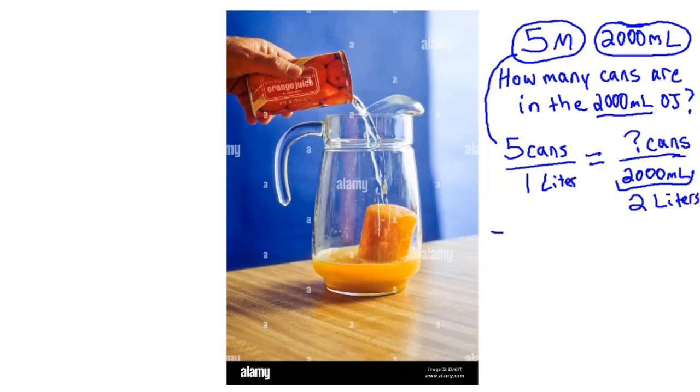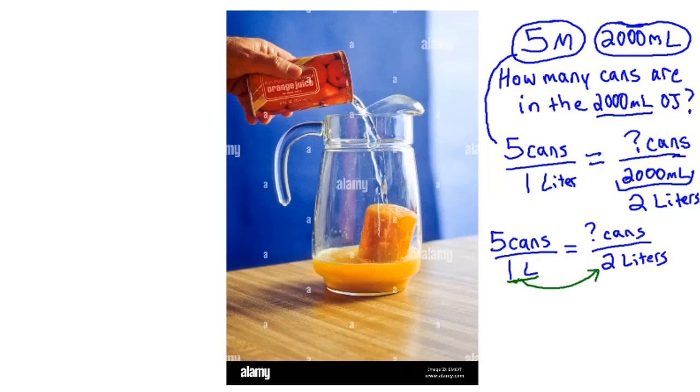So if we have 5 cans for every 1 liter, because that's what 5 molarity means, we need to know how many cans are in 2 liters. Well, if you look at the liters down here, 1 liter turns into 2 liters if you multiply it by 2.